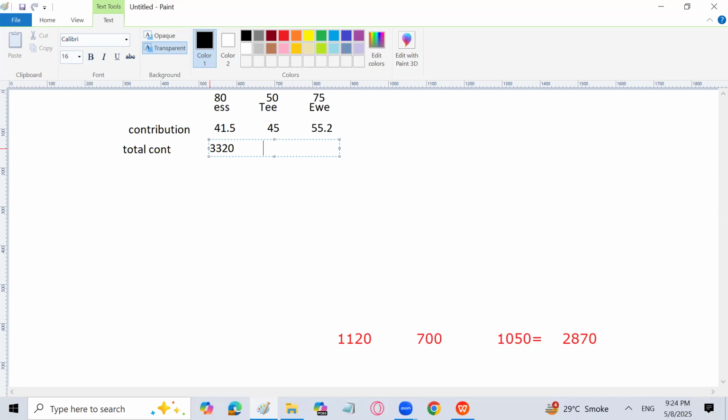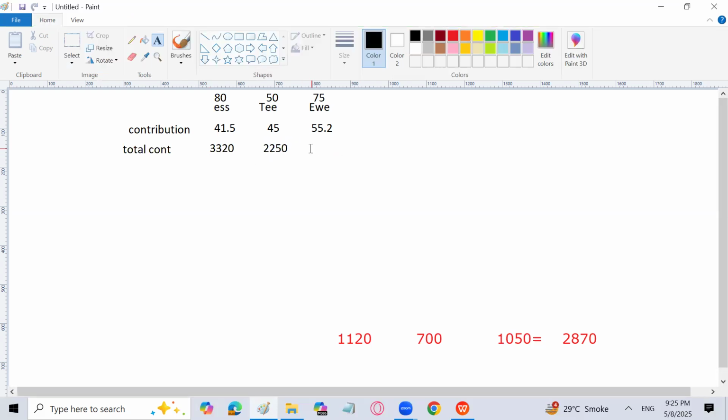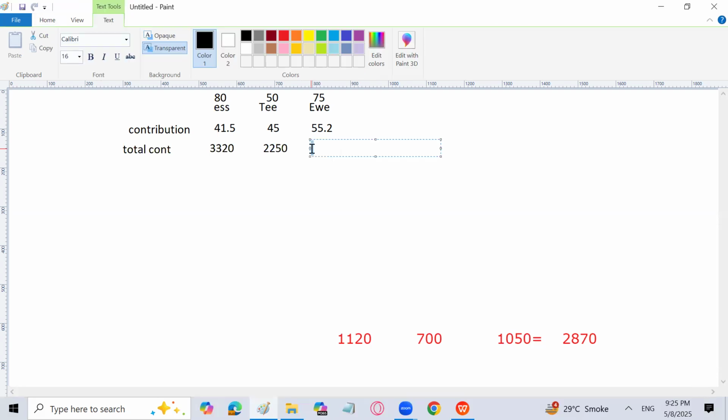Then 50 into 45 is 2250. And then 75 into 55.2 is 4140. Now you can get the total: 3320 plus 2250 plus 4140.